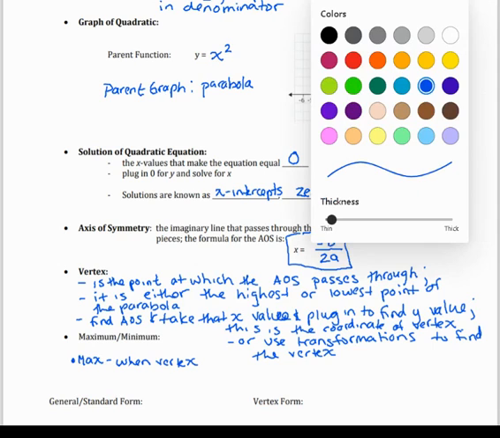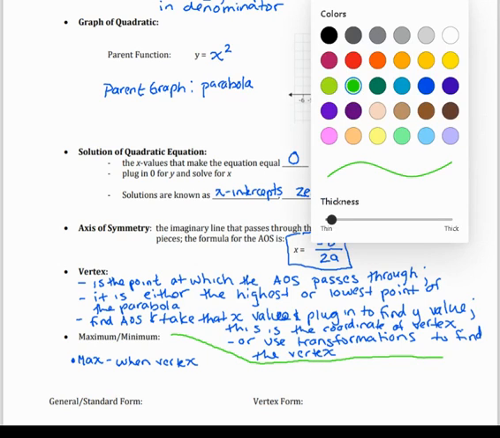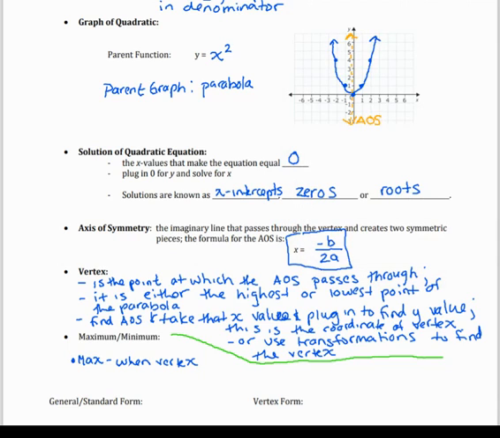Just going to use a different color to separate this. Okay. So when the vertex is the highest point, in the equation, a is negative because that means we flipped.